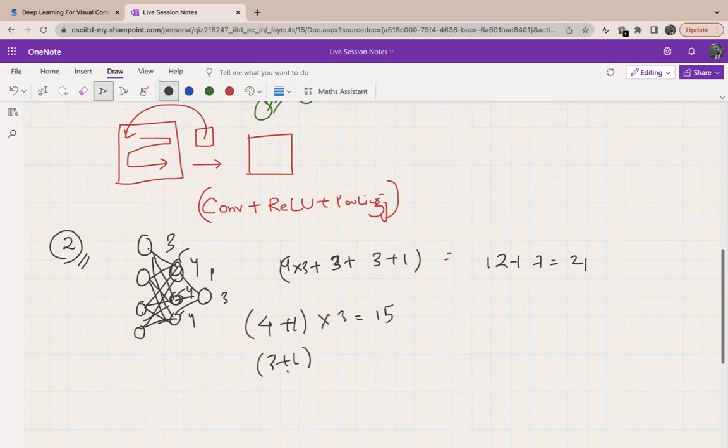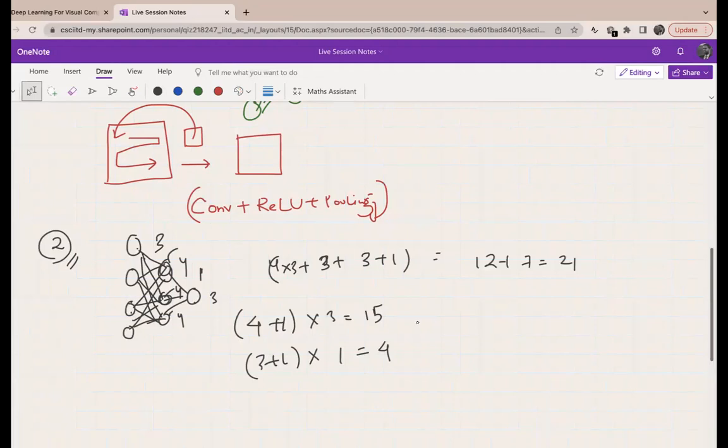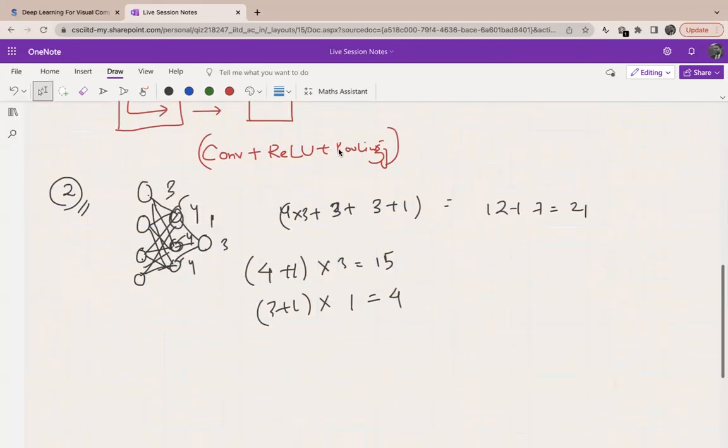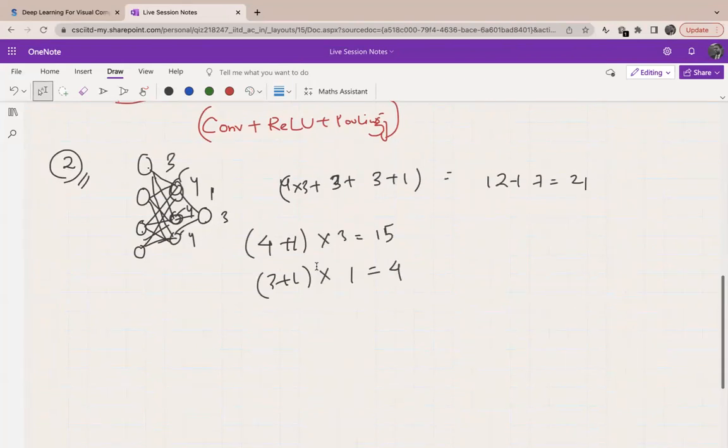And similarly, 3 plus 1 into 1, 4. 15 plus 4 is 19.